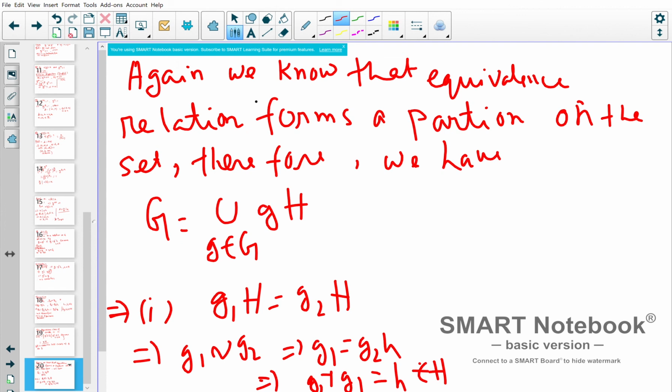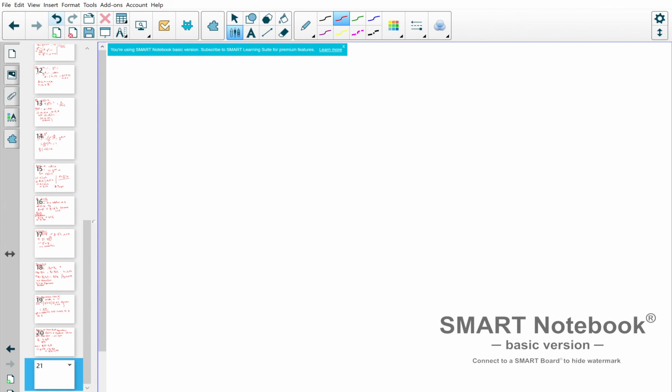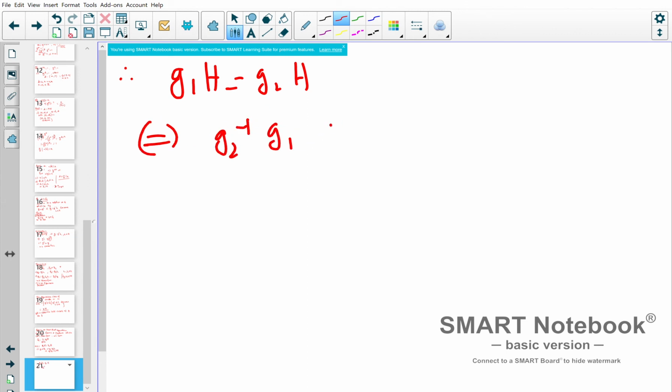These properties are simple; they come directly from that. So what is the conclusion? G1H equals G2H if and only if G2 inverse G1 is an element of H, right? Clear?